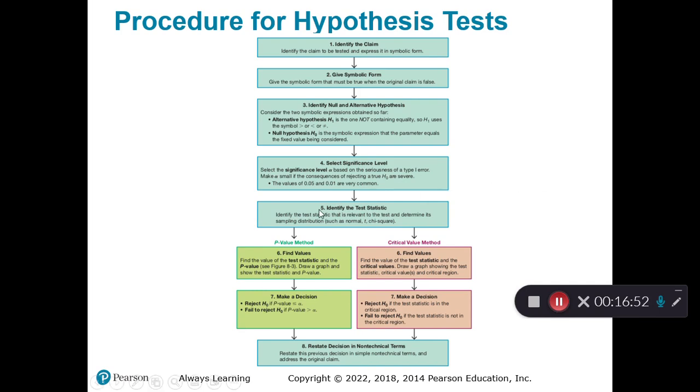Then you have two different options for how you're going to decide if your sample result is extreme enough for you to claim that you have evidence in favor of your original claim or not. So we have the p-value method, which we'll discuss in detail in just a bit.